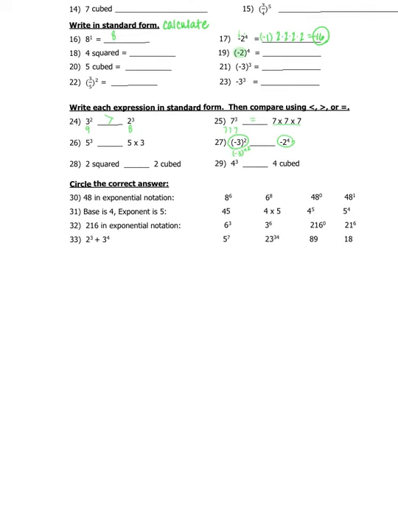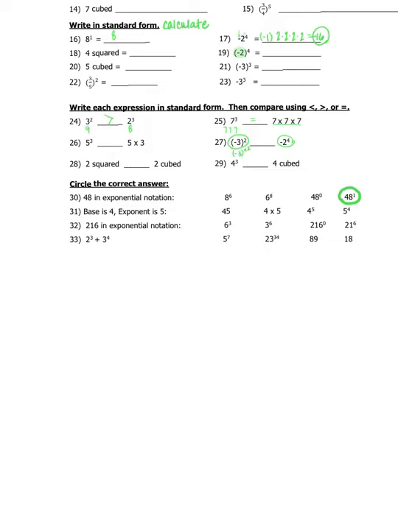And then this one just says circle the correct answer. So number 30, 48 in exponential notation. So 48 just is 48 times itself in exponential notation. So 48 to the first is going to be our answer. This one, number 31, says the base is 4.